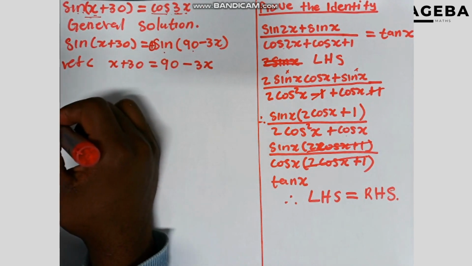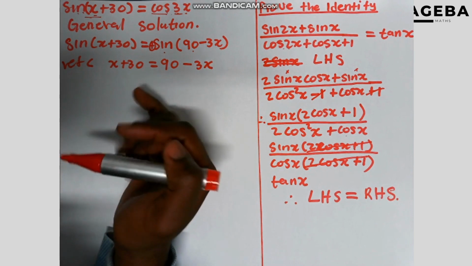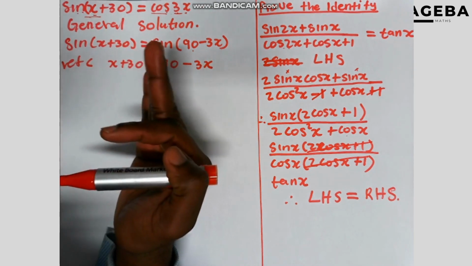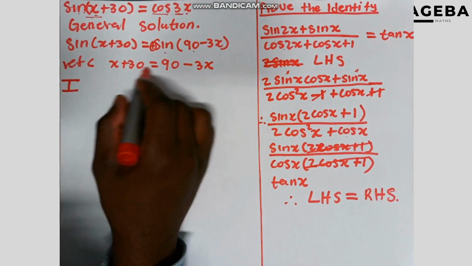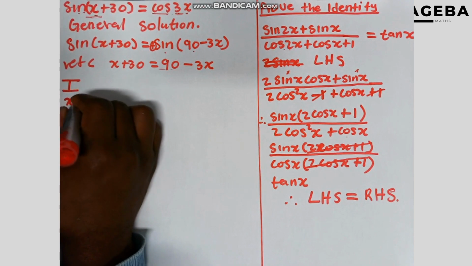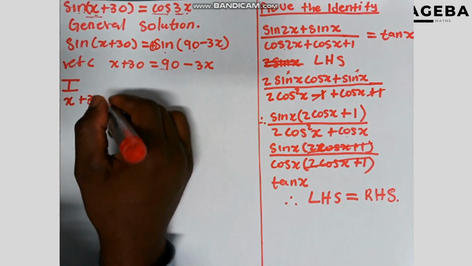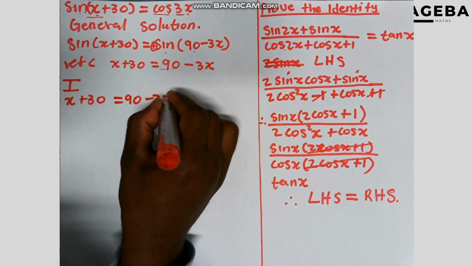So I need to ask myself these two questions: in which quadrants is sine positive? In the first quadrant and also in the second quadrant. If I'm using the first quadrant, my reference angle is my answer. So I'm going to say x plus 30 is equal to 90 minus 3x, and then plus k times 360.